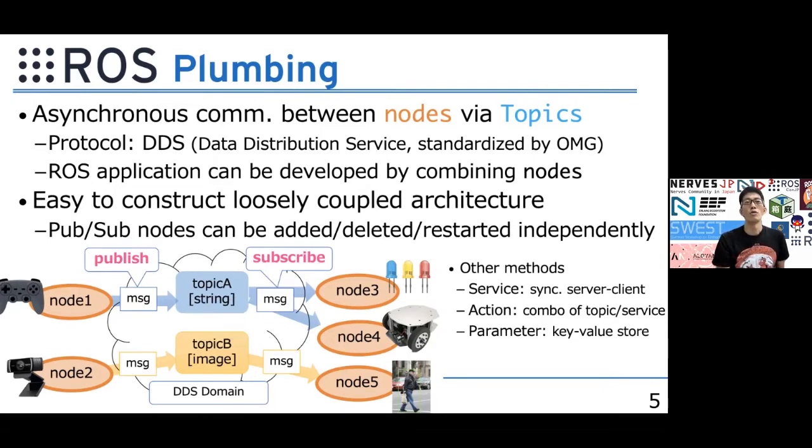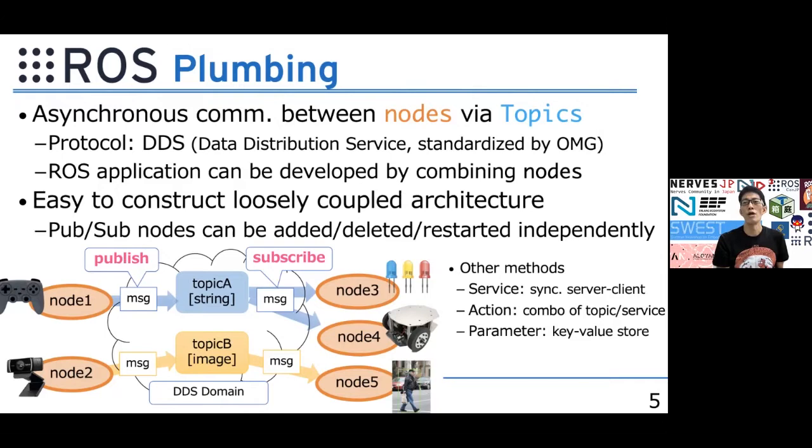ROS employs Data Distribution Service, DDS, as a communication layer. The benefit of pub/sub programming is that we can construct a loosely coupled architecture for constructing robot systems. A functionality can be updated by adding, deleting, or replacing a node.